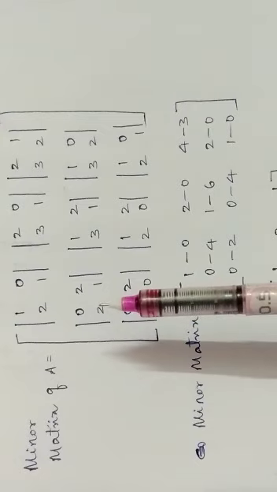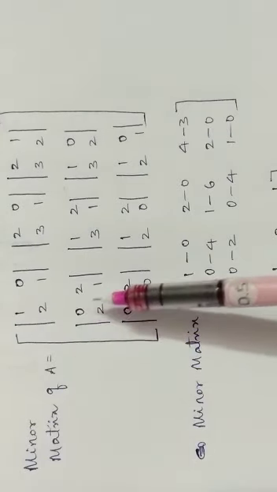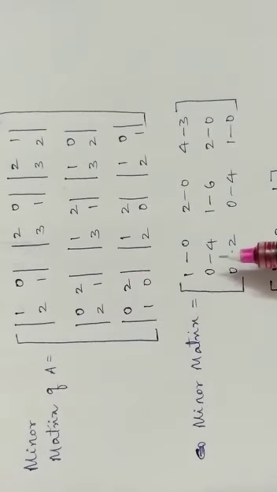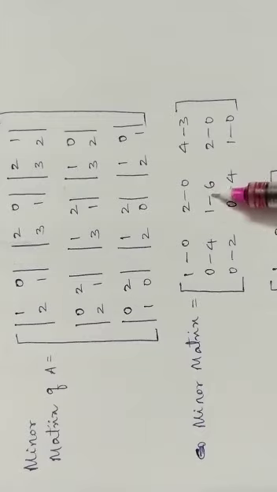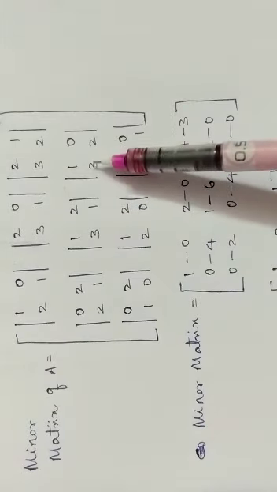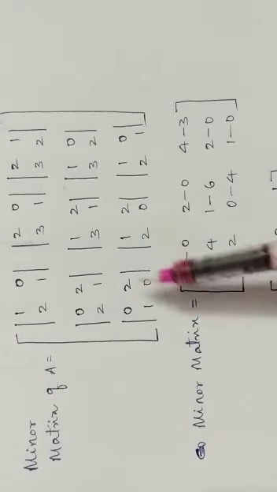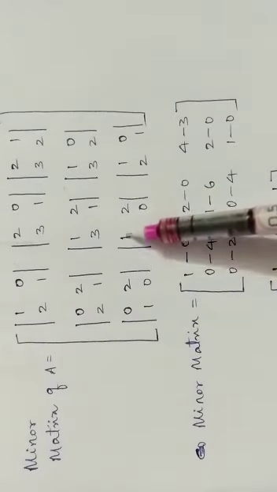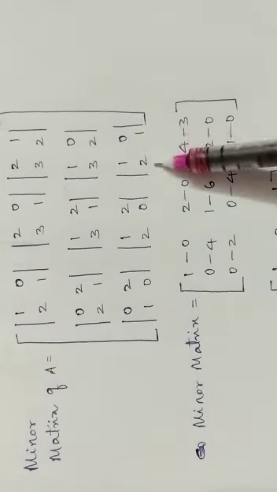Now, we try to write directly. 0 minus 4. 1 minus 6. 2 minus 0. 0 minus 2. 0 minus 4. 1 minus 0.